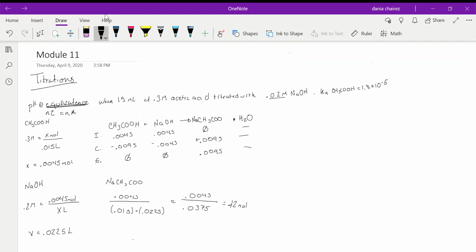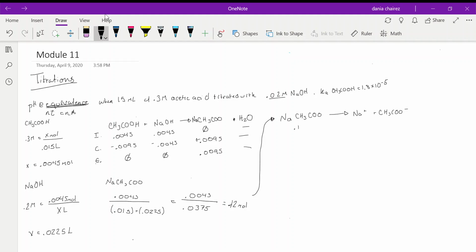Alright, so then essentially what we have to do here is find the pH of our salt. And like I said before, salts dissociate completely, so we're going to go from here to here. NaCH3COO breaks apart fully into Na plus and CH3COO minus.